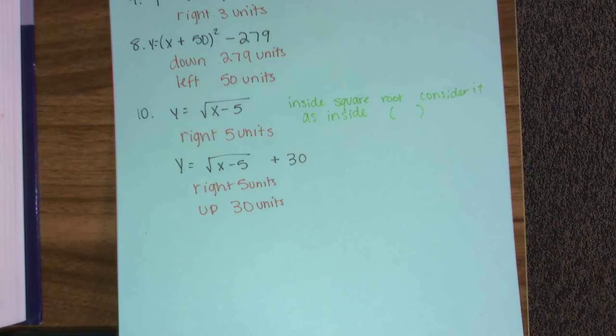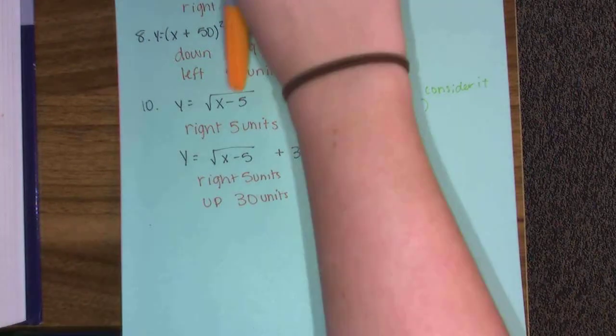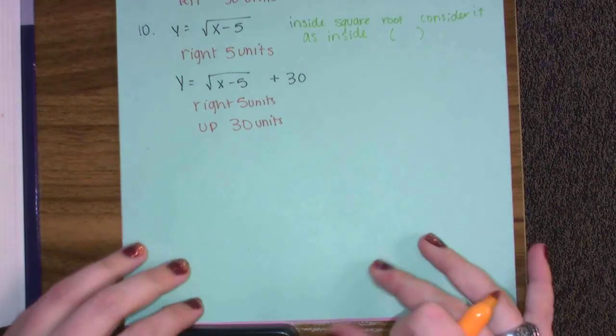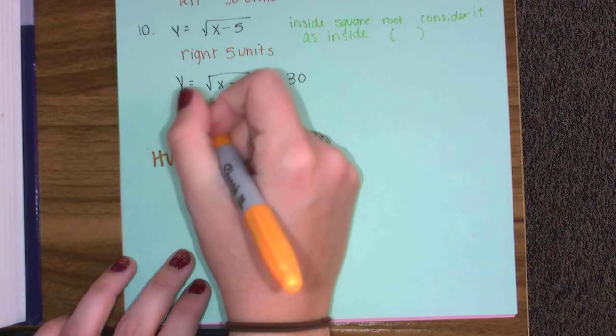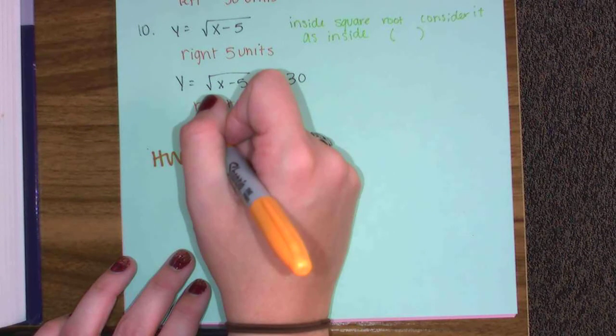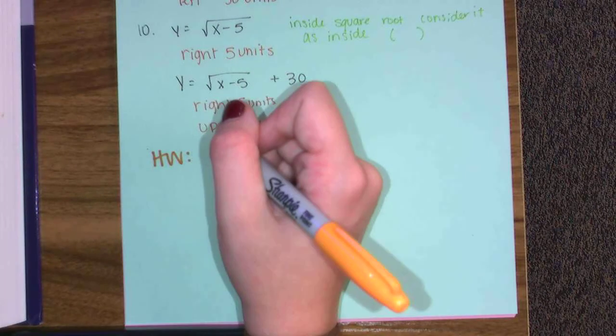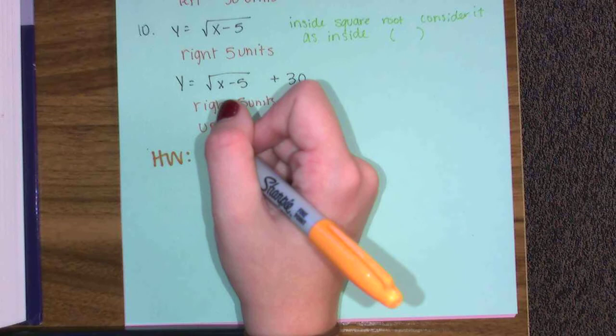Alright, I'm going to give you guys 3 to do for the last 5 minutes, just to get a little practice on your own. As far as reflected, if there's a negative sign in front of the X, you can just tell me that it's reflected.